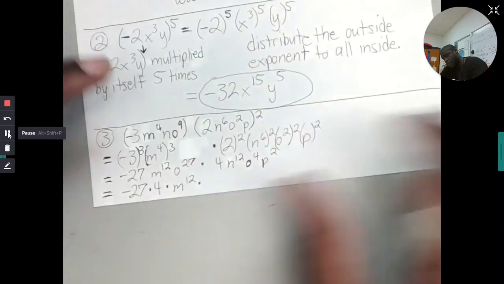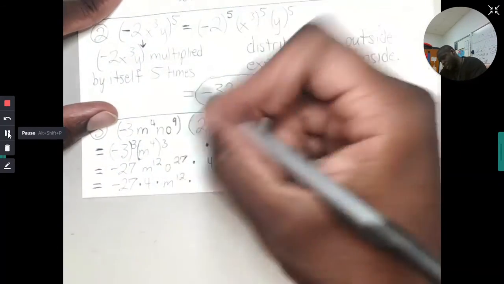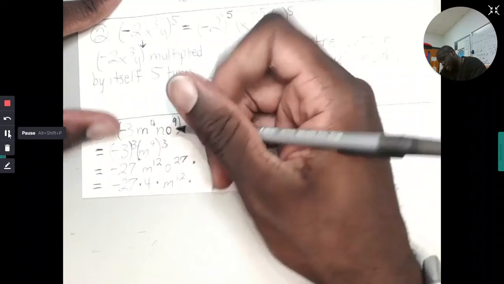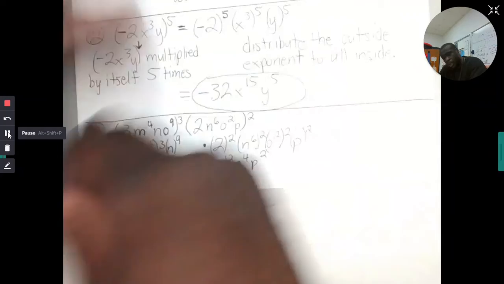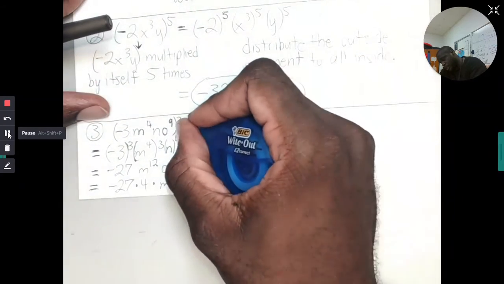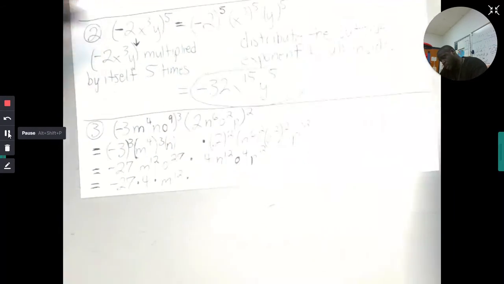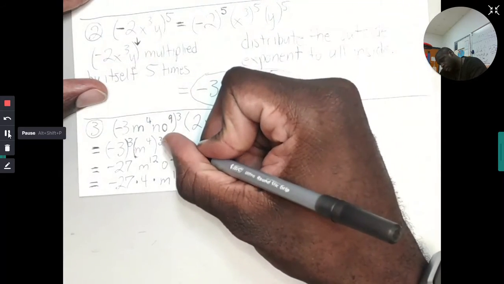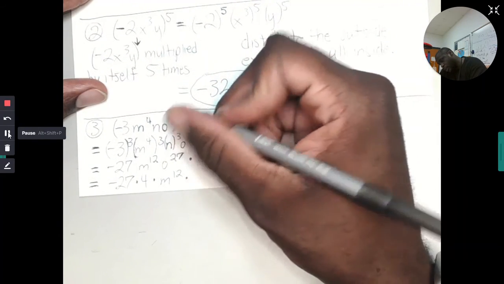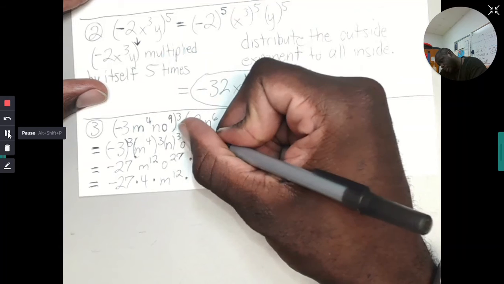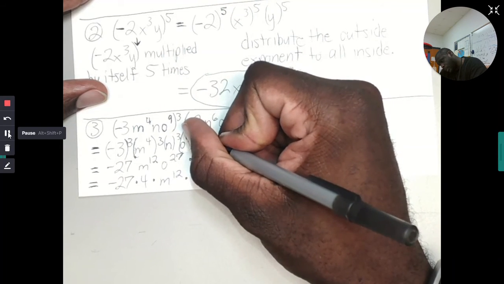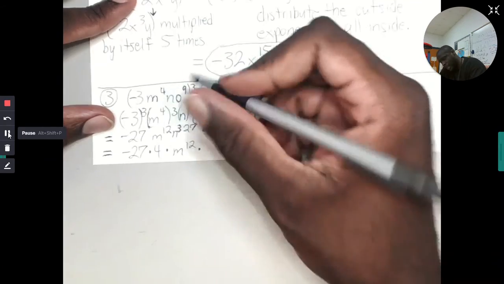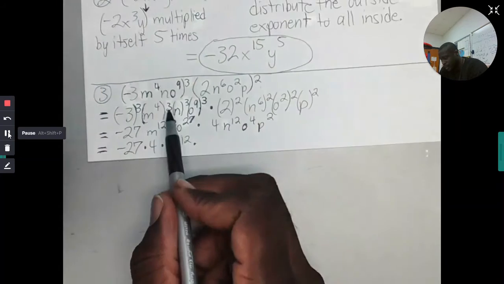The n there. I know you didn't let me forget that. I didn't see it or overlooked it, but that's okay. N to the third power. And O to the 9th raised to the third power. Felt like I was forgetting something. There we go.